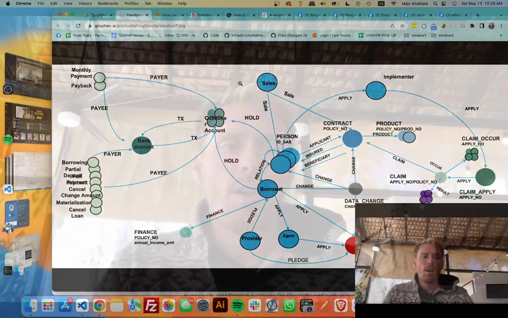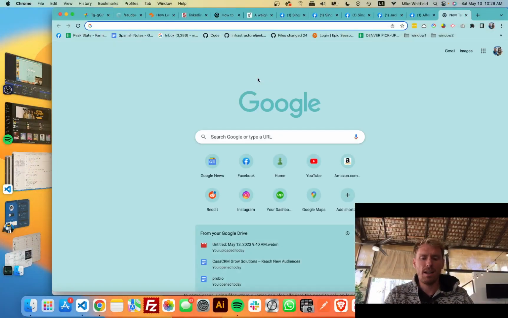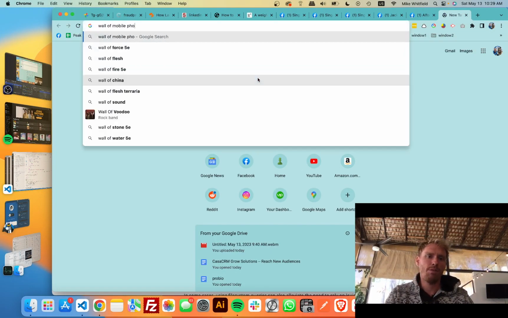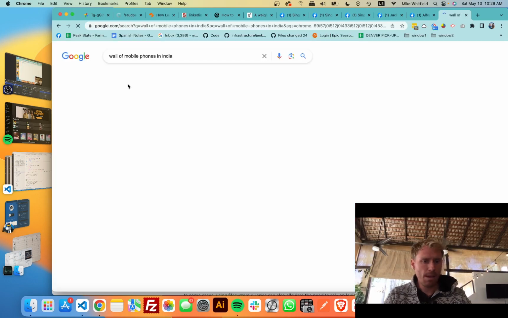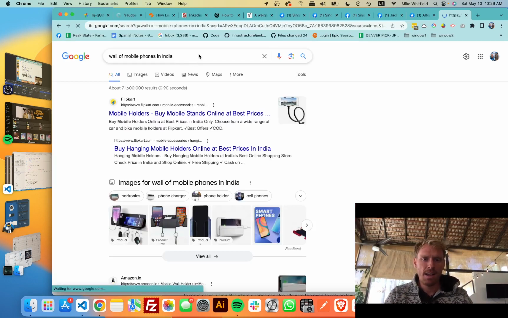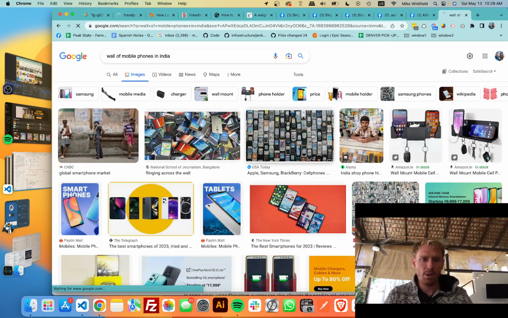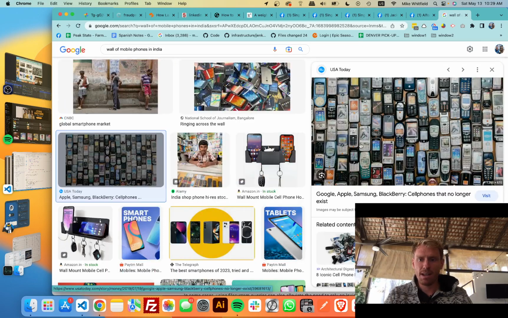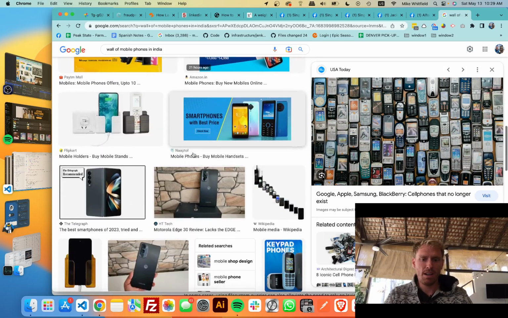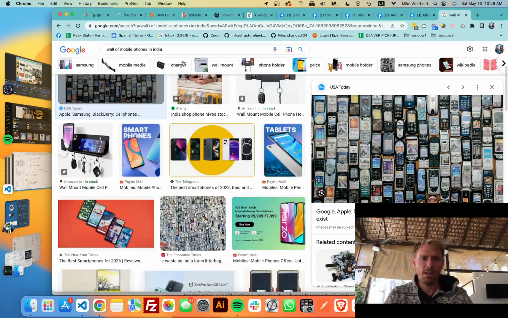wall of mobile phones in India. Maybe you've seen something like this, where they'll have cell phones to do two-factor auth on a big plywood board, and they'll have people in a click farm, I think is the proper term.